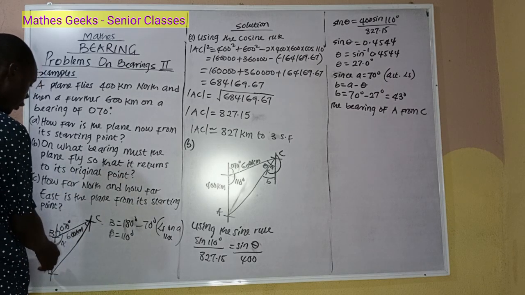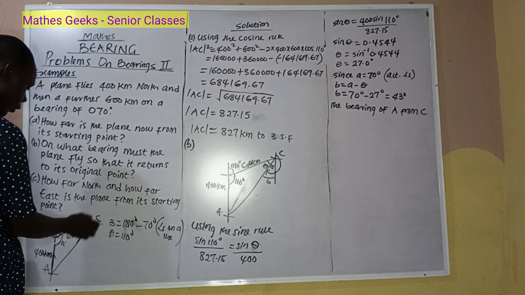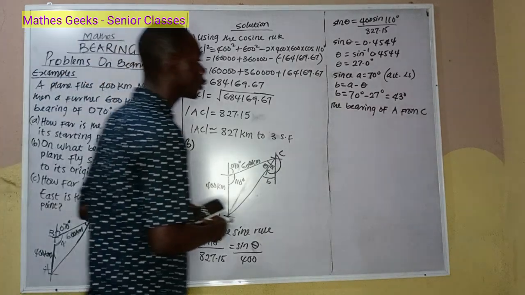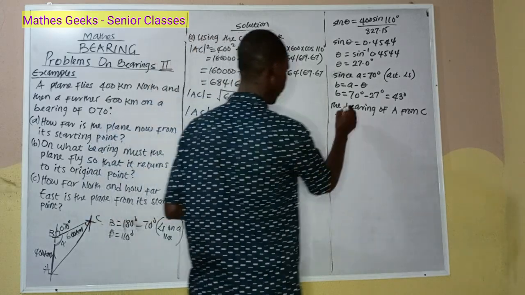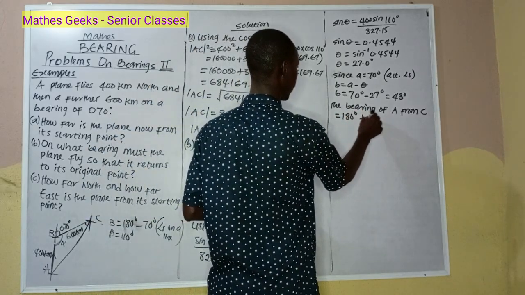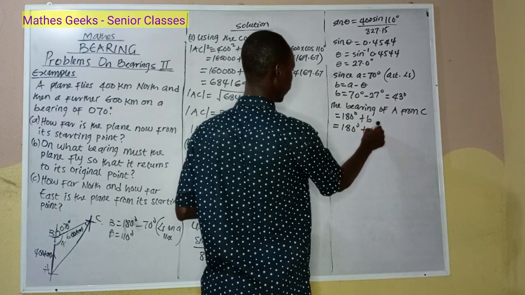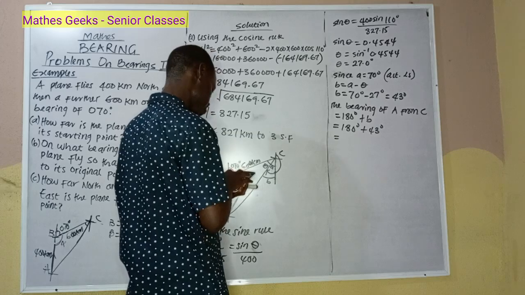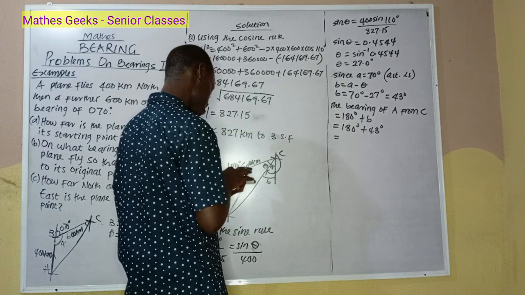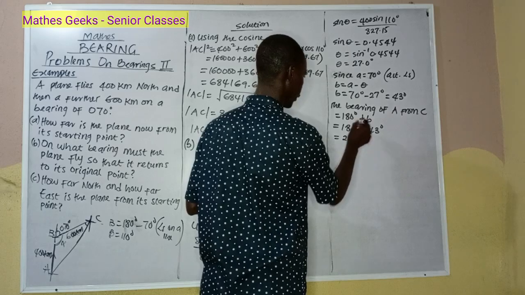The bearing of A from C is equal to 180 degrees plus B, which is 180 plus 43, 223 degrees.